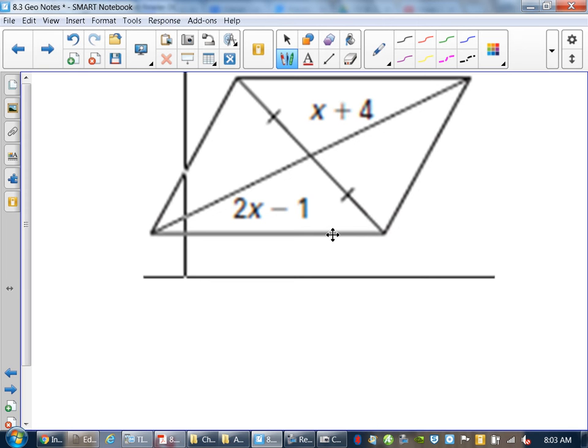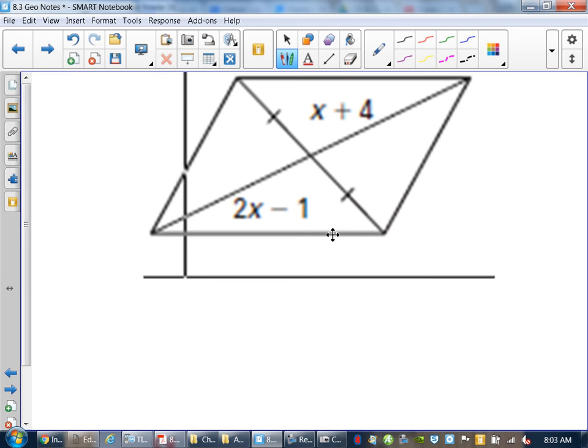They just bisect each other. Hey, when we get to sectors, you'll be fine. There is a section on sectors in circles. It's the piece of pie.